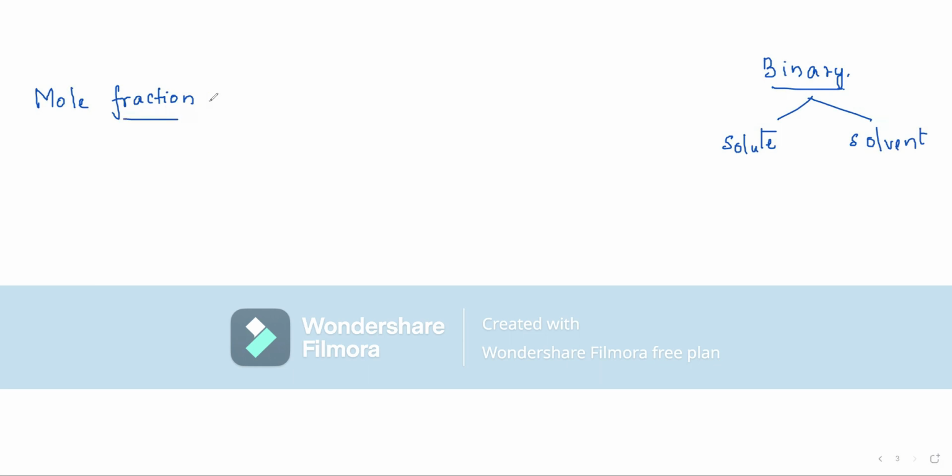Now, mole fraction is represented by alphabet psi, but you can just write it as x. X of solute, that is the mole fraction of solute, is equal to number of moles of solute by number of moles of solute plus number of moles of solvent.